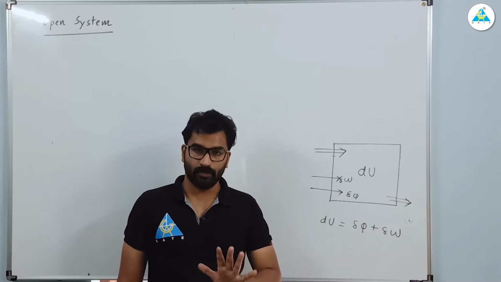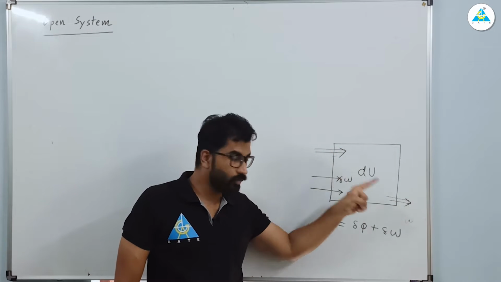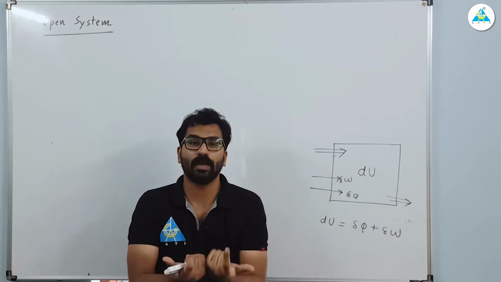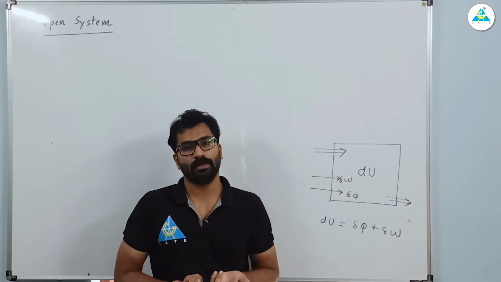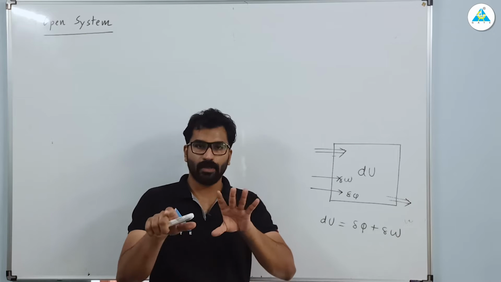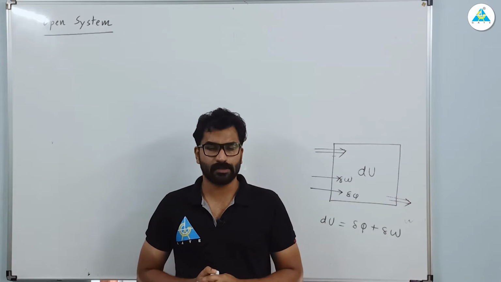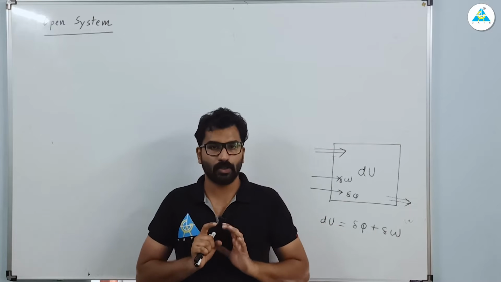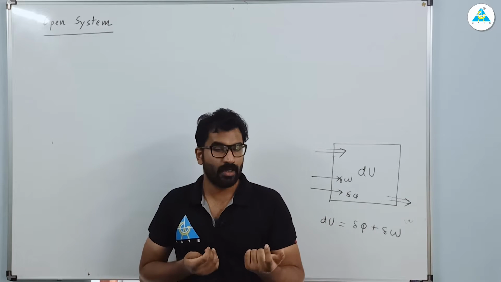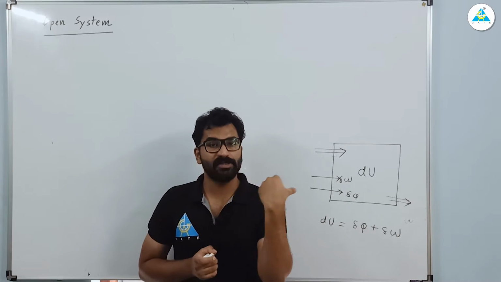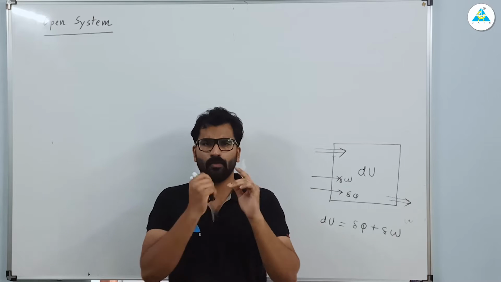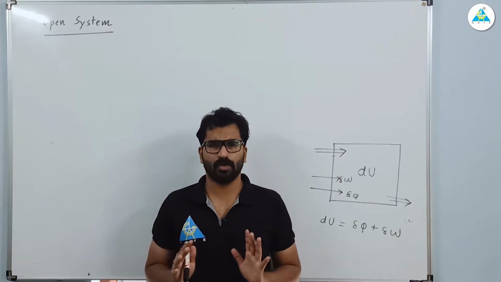Other than heat and work, the energy of the entering fluid and the exit fluid, that also we should take care of. Initially, if you take an example of a classroom, the classroom was closed, it was a closed system, so the energy change inside the classroom was due to whatever heat and work transfer, that's the only process.